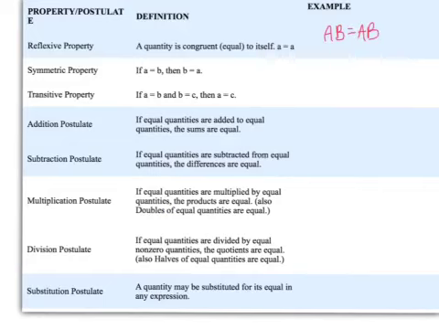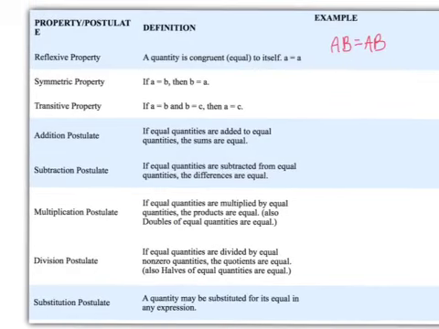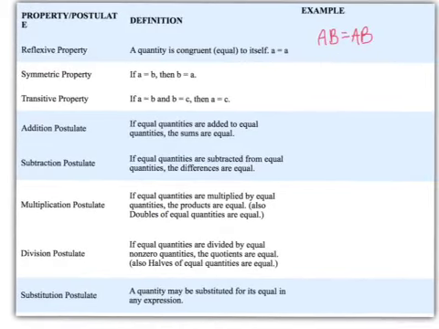The symmetric property says if A equals B, then B equals A. So in other words, if XY equals TV, that means that that's the same thing as saying TV is equal to XY.